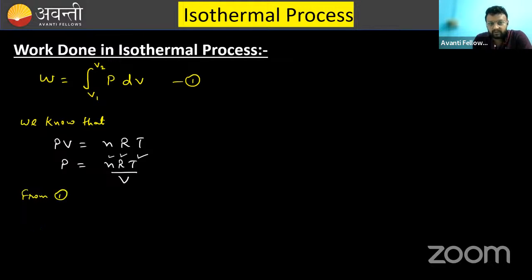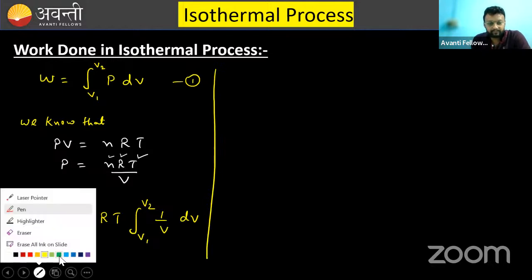From equation number 1, work done is, with P placed as nRT by V, and I will take nRT as a constant outside of the integration. That will be nRT integration of 1 by V dV, from V1 to V2.